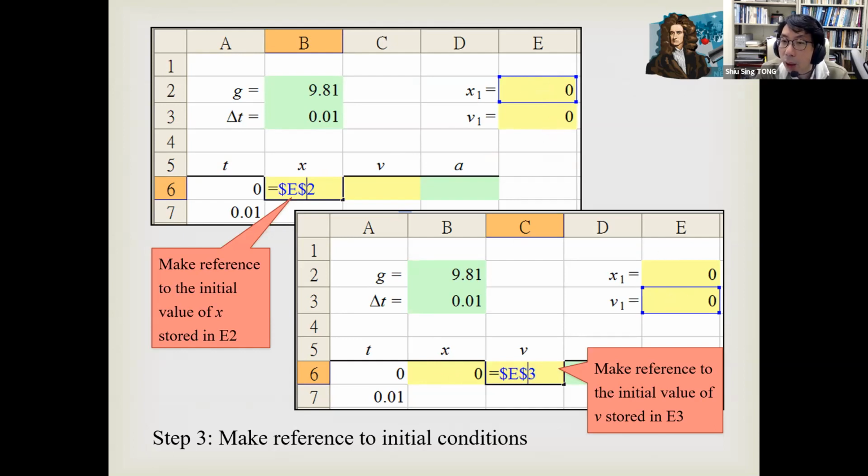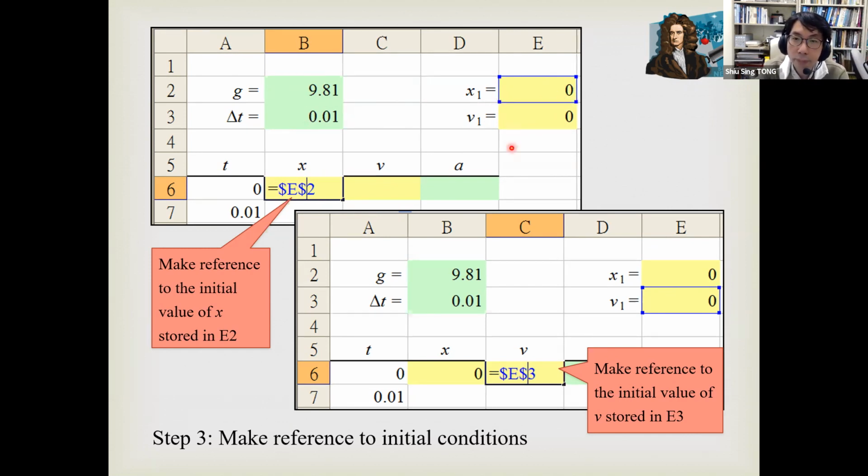Now, why do I write this? Because I want to keep the things that I want to change separate from this worksheet. This worksheet is for calculation. So I would like to store my initial data and my parameters in another position. Whenever I want to change them, I can look for them on the upper side of the spreadsheet.